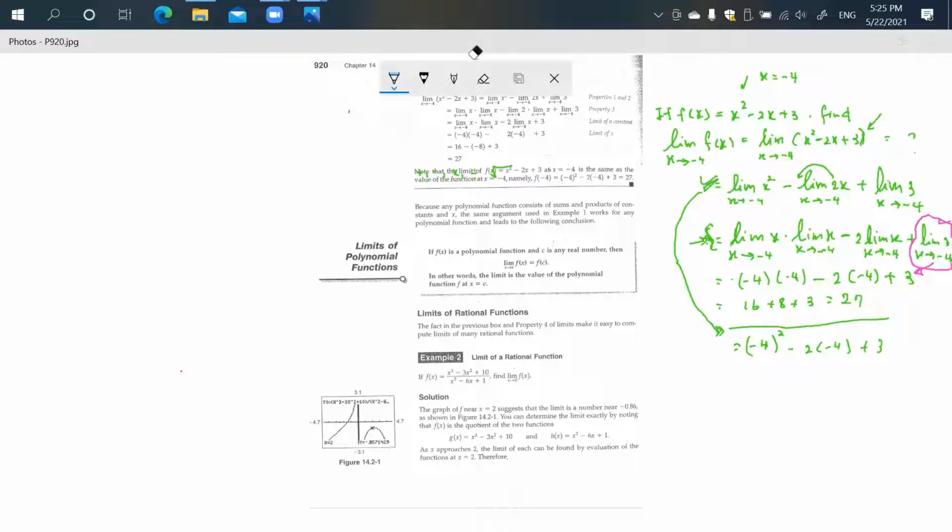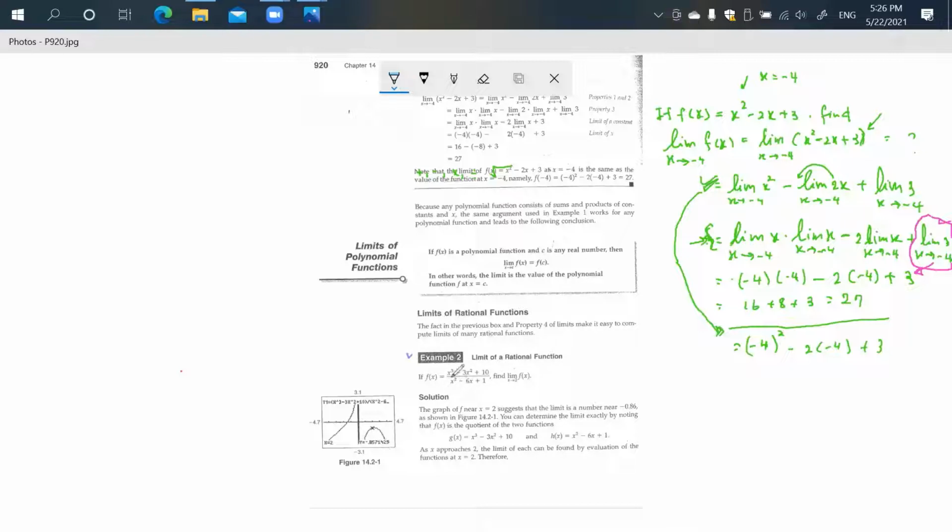Now you can see this one, limits of rational functions. See the example.